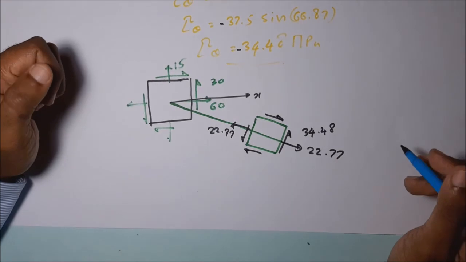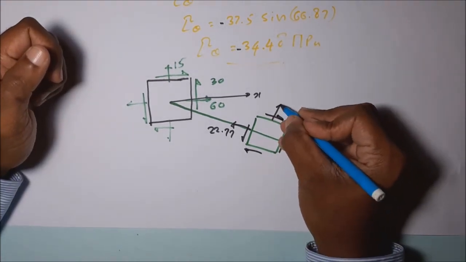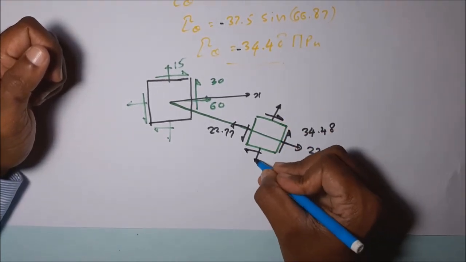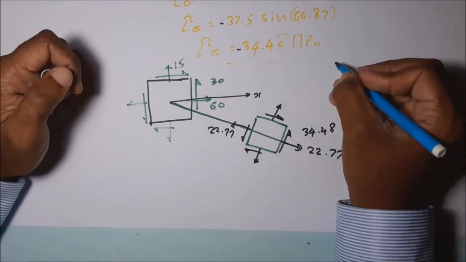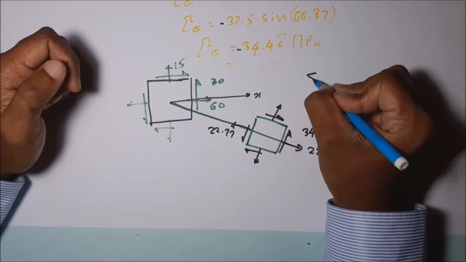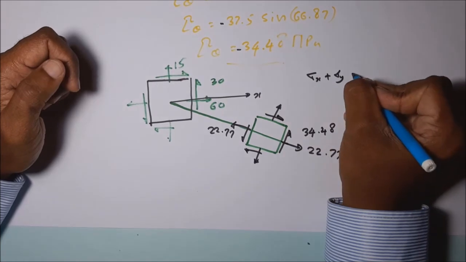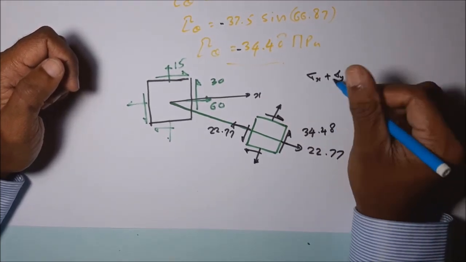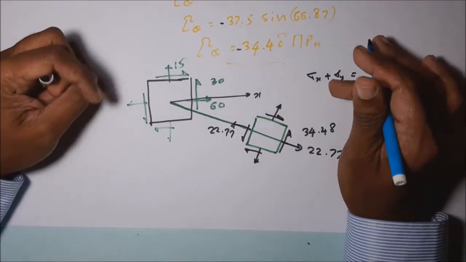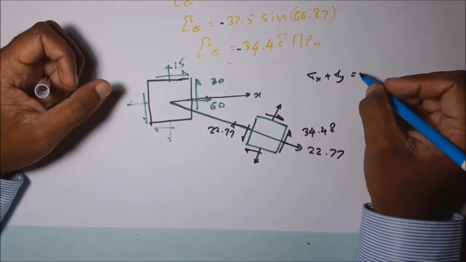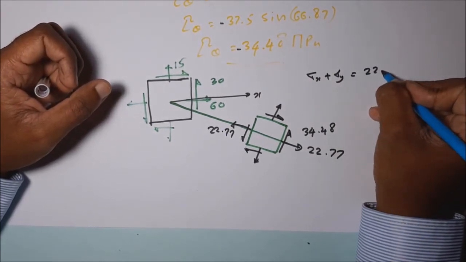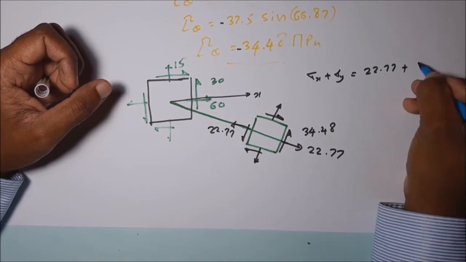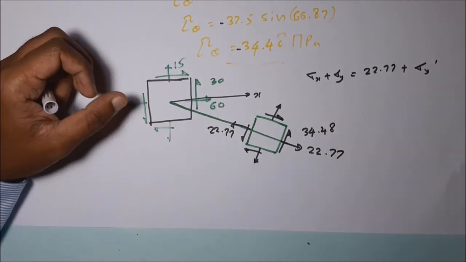So what is the stress in this perpendicular direction? You can easily calculate it, because in the last lecture I explained that sigma x plus sigma y is always a constant. For any plane, the sum of two perpendicular stresses is constant. That is 22.77 plus sigma y dash.